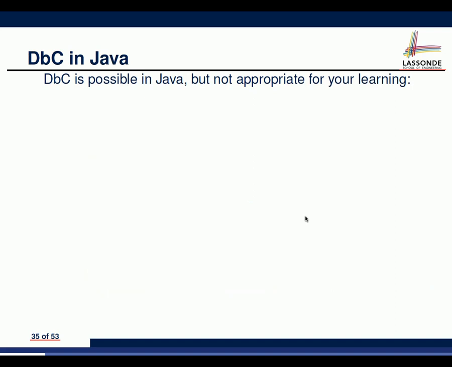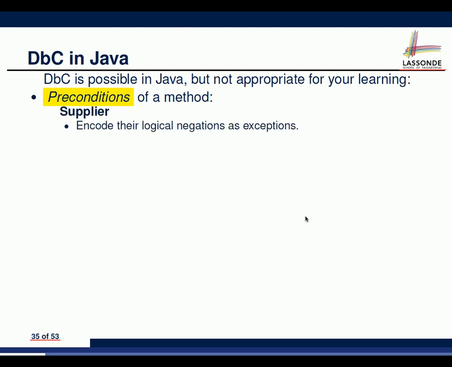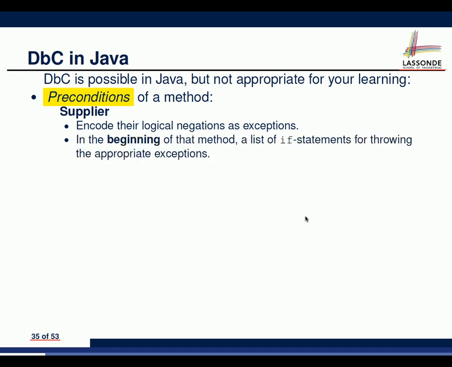Okay, one more summary here, and we still have 5 minutes, right? I will try to do as much as possible, but let's just go over this first. Design by contract in Java is doable, but not as pleasant as you might think, even for a small example. First of all, preconditions: it's not exactly the service condition, it's more like a logical negation, these error conditions. And then the clients will be bothered by the try and catch.